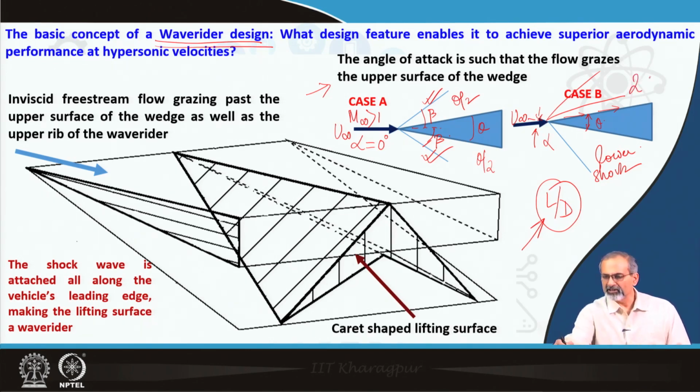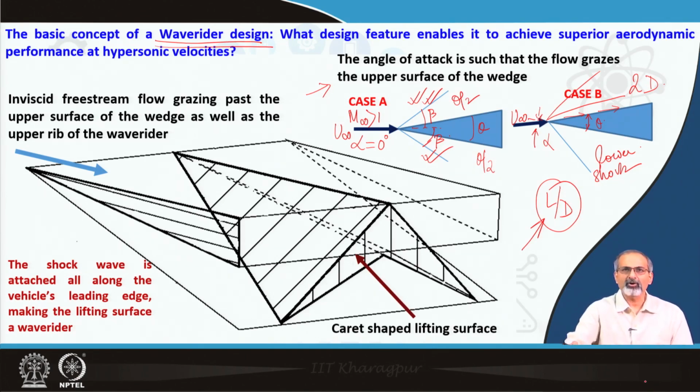Therefore, in a two dimensional sense, we can understand that there could be a situation where the body can actually kind of ride the wave, in the sense that the upper wave is no longer surrounding the body, but it is exactly incident on the body surface. We try to look at it that way.